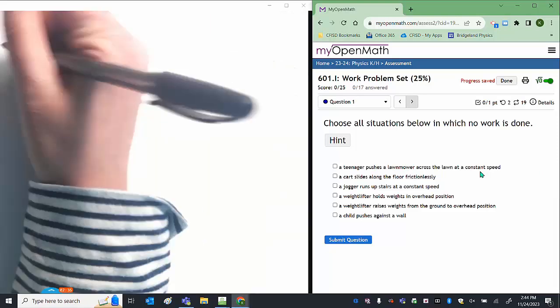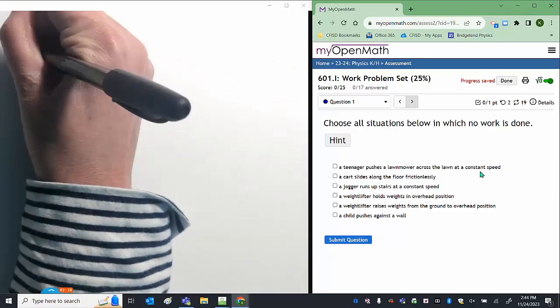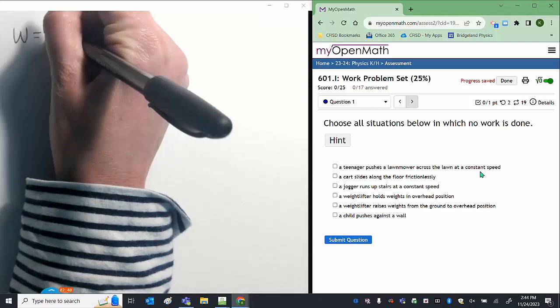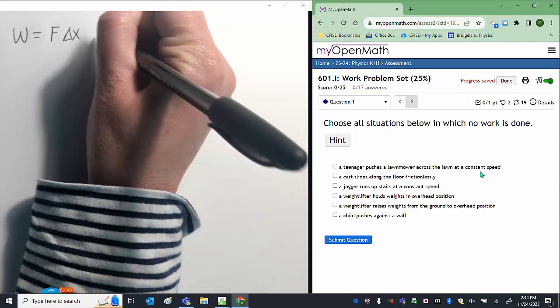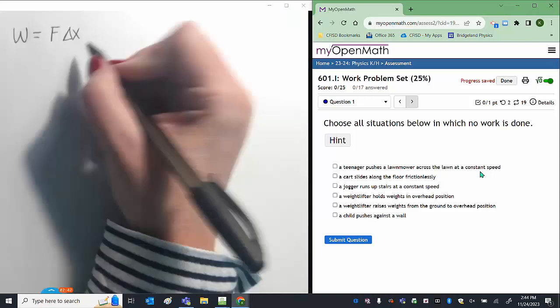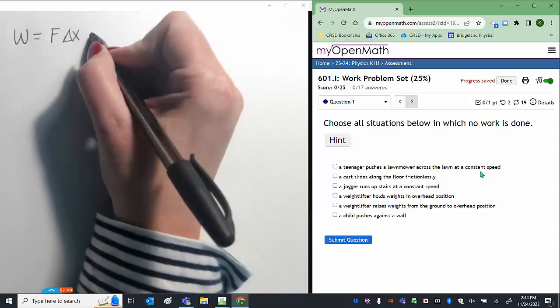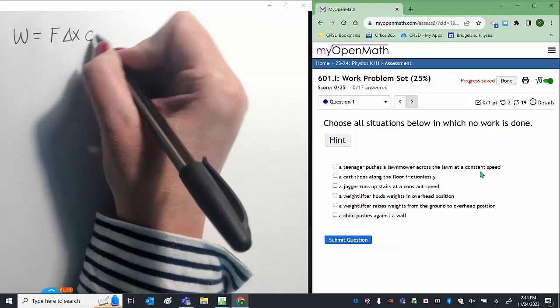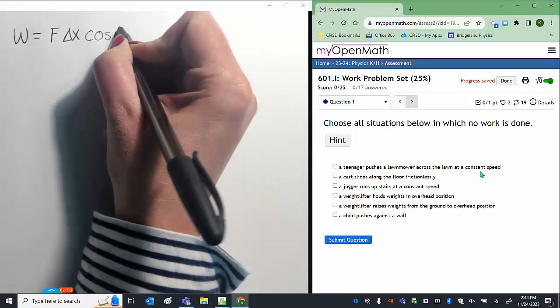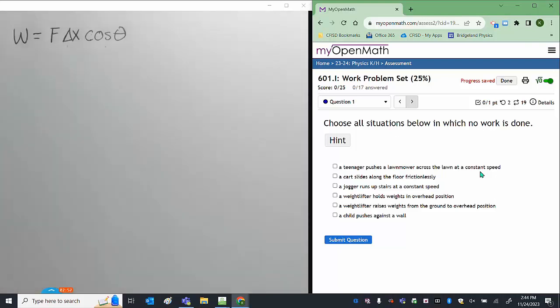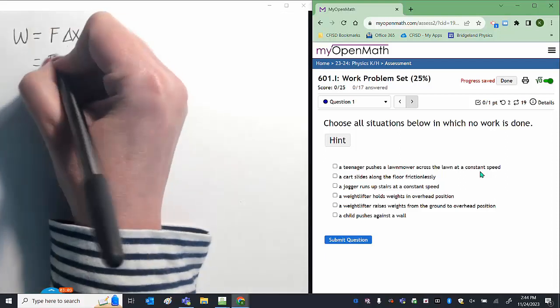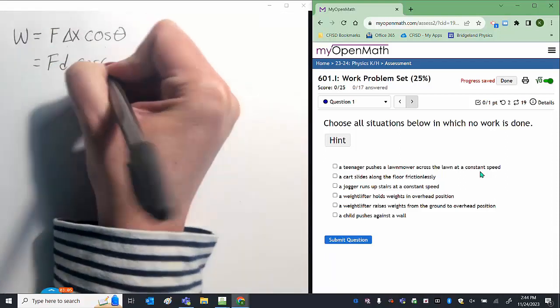Again, the equation that we'd be working with is that our work is equal to our force times our displacement. And again, it's only that component of the displacement in the same direction, and so you'll often see it written like this, because this is the component of this whenever you do the trig, like we talked about in class. Or you may see it written like this, F d cosine theta.